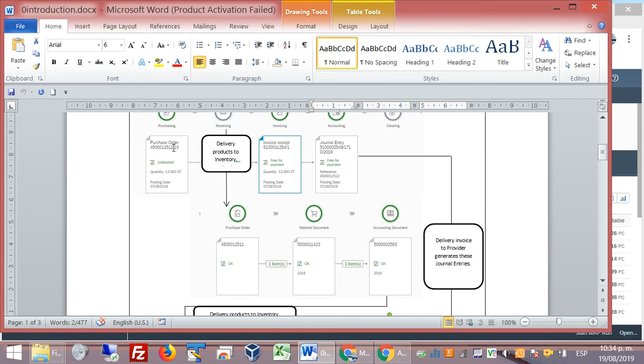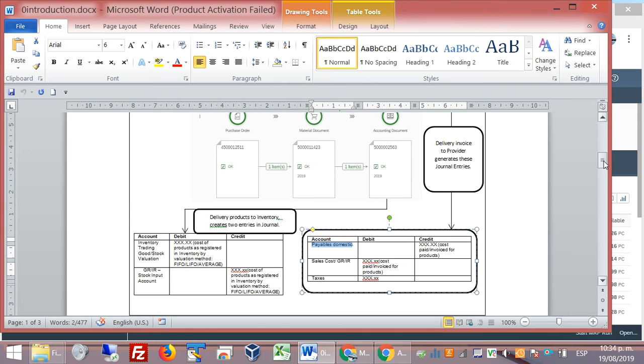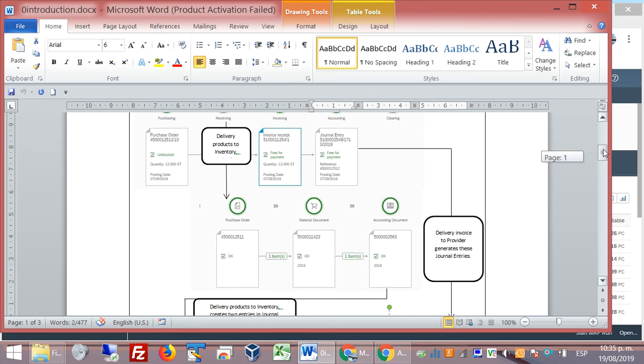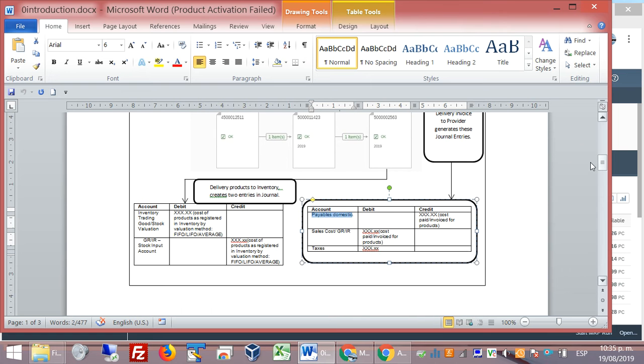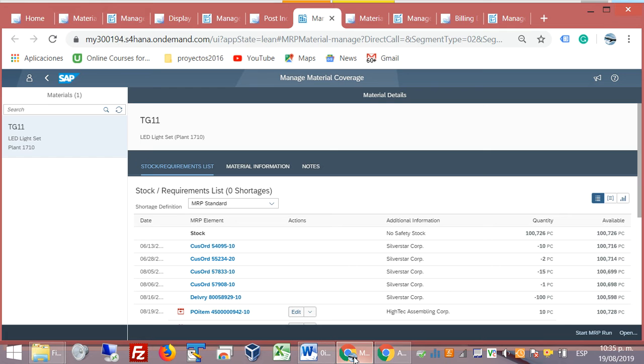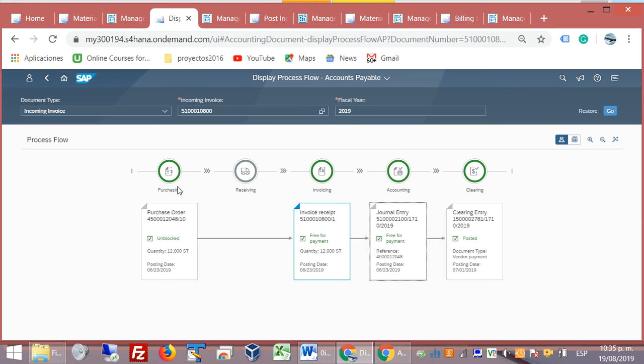First, to purchase, we are going to receive the products, and these products will generate these accounting journal entries. And when we generate the invoice to the provider, these accounts will be affected in the accounting journal system of SAP. Okay, so here we can see the general processes of purchases.